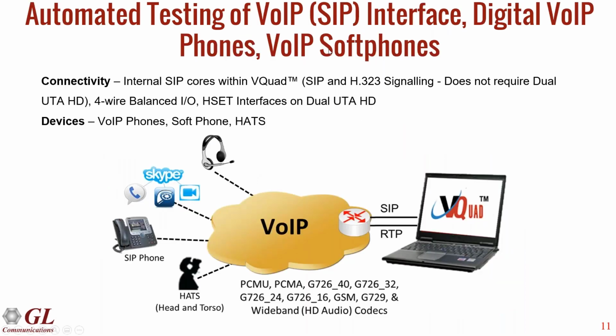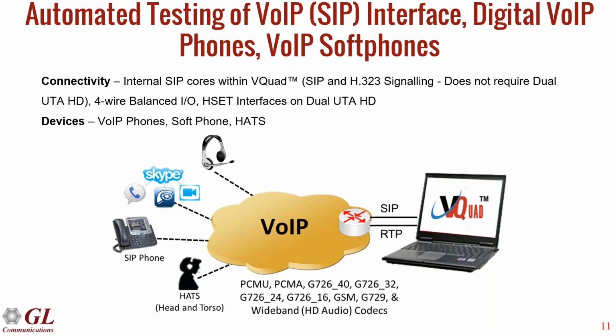Now, another method of testing is our SIP testing. So the VQuad software can be a SIP user agent. This doesn't require the WTA. It's basically just a license. So the VQuad becomes a SIP user agent.